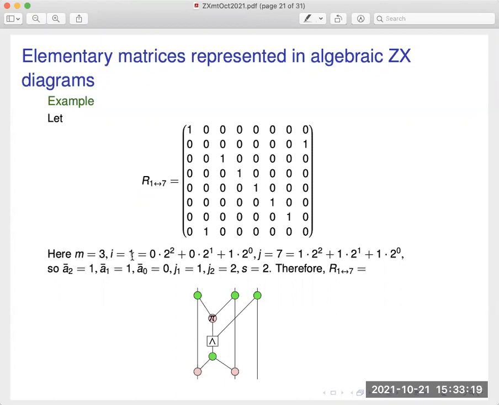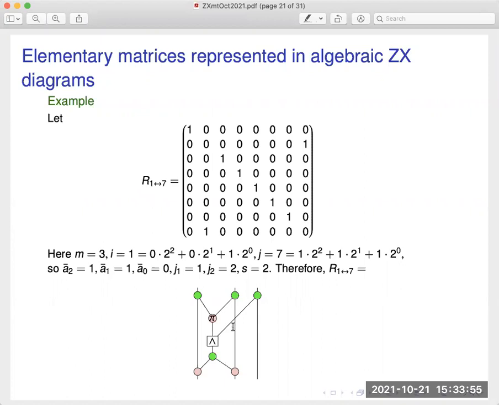The binary expansion of I is this, and the binary expansion of J is this, and then you can compute the complementary coefficient for the binary expansion of I, and they are different at J1 and J2, just at these two places. So you can represent this matrix by this diagram.